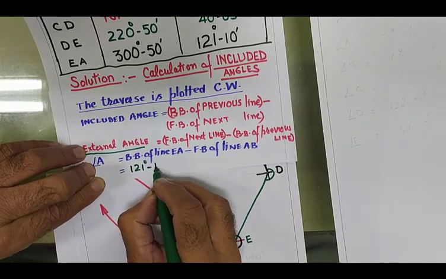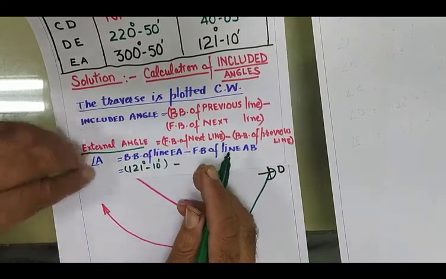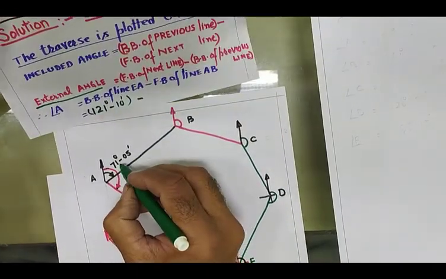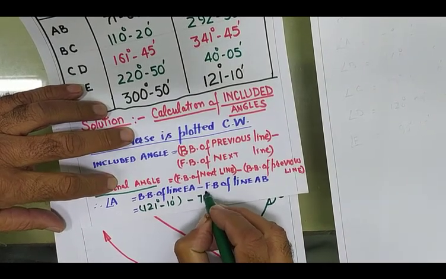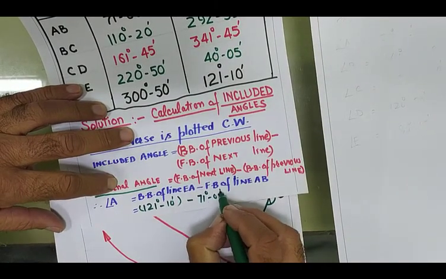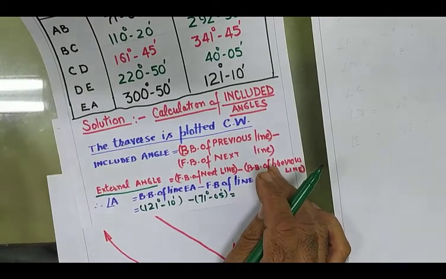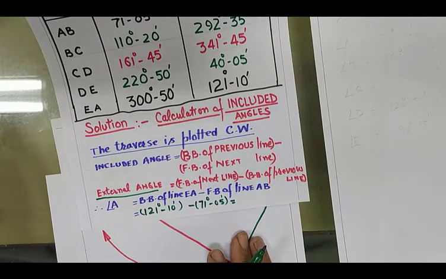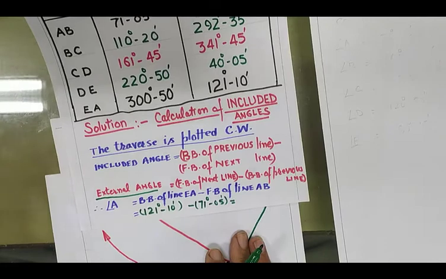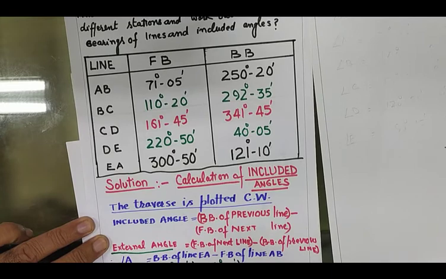So the back bearing of line EA is given as 121 degree 10 minutes. Keep it in the bracket. Minus the forebearing of the next line, forebearing of line AB, which is 71 degree 5 minutes. This comes to be the value of angle A. We have already calculated it; you can enter the value of angle A, which comes to be 50 degree 5 minutes.